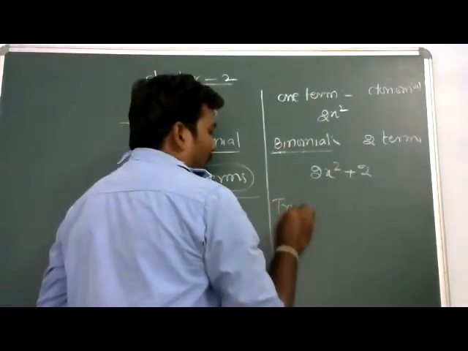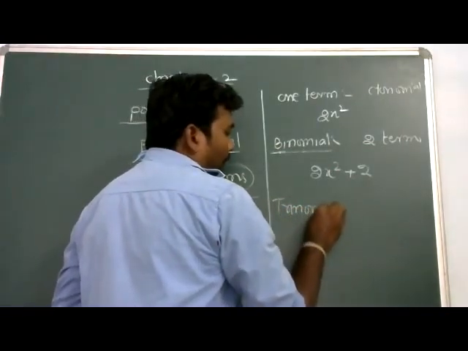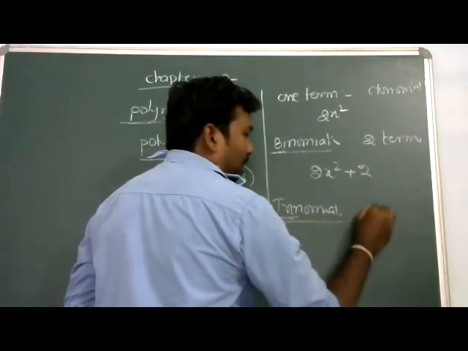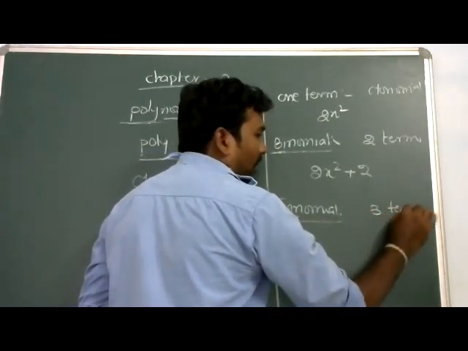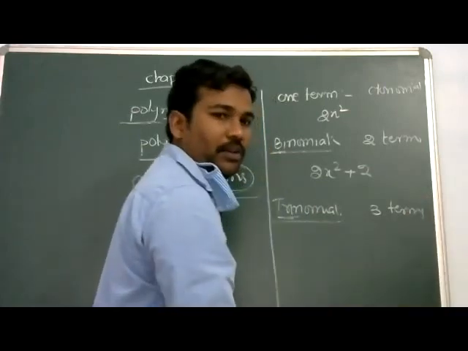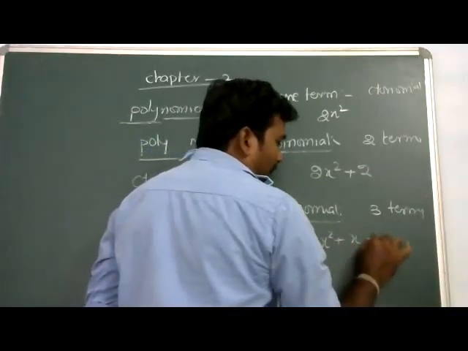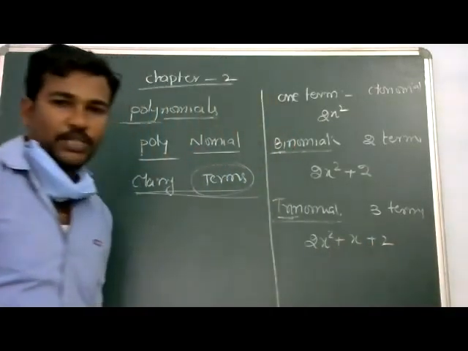Coming to the trinomial. Tri means three. If an expression contains three terms, then it is called a trinomial. For example, 2x squared plus x plus 2.